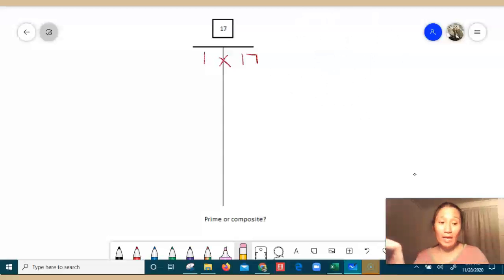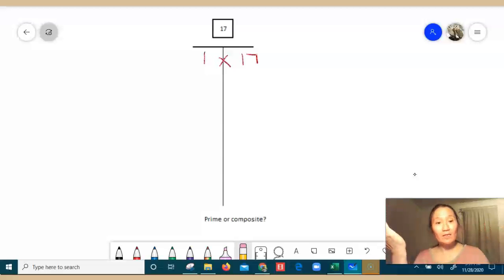So here's 10. Well, 10, 20, 10 doesn't work. 11 times 1 is 11. 11 times 2 is 22. That doesn't work. 12 does not work because 12, 24 skips over. 13, 26 doesn't work. 14 doesn't work. 15 doesn't work.